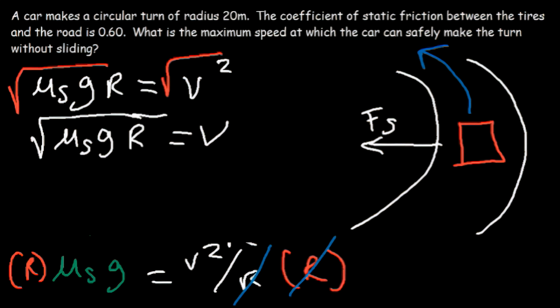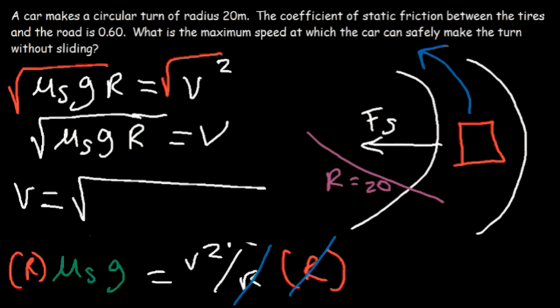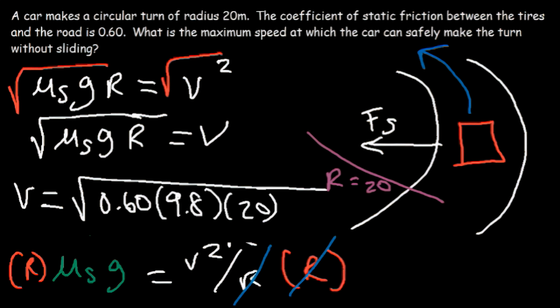In this case, the radius is about 20 meters. So now we just got to plug in everything into the equation and we'll get the answer. So it's going to be 0.60 times 9.8 times the radius of 20. And then we'll take the square root of that result.